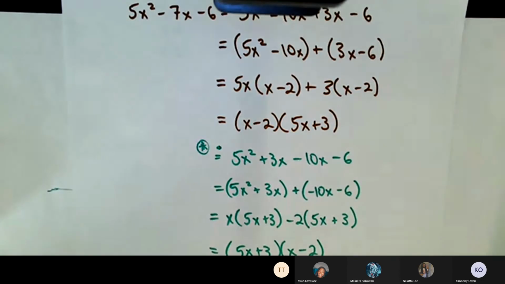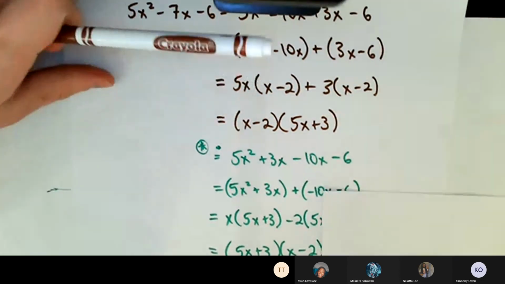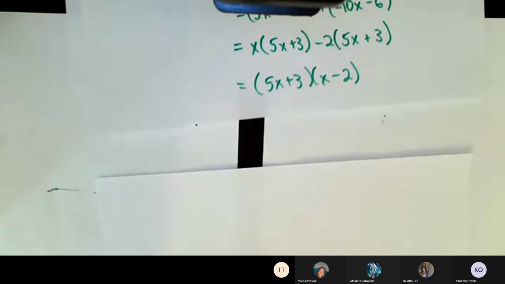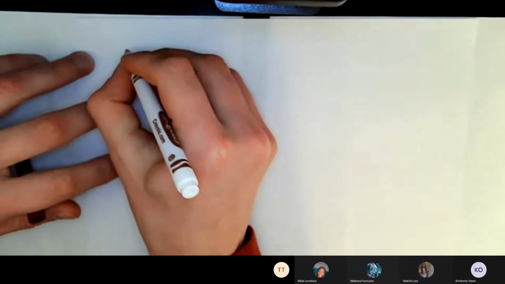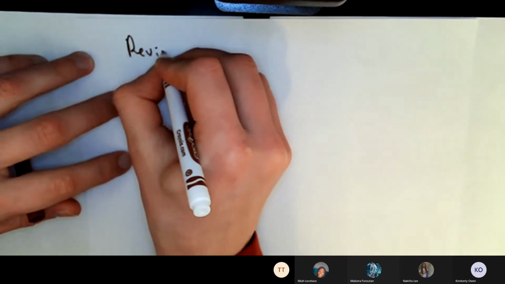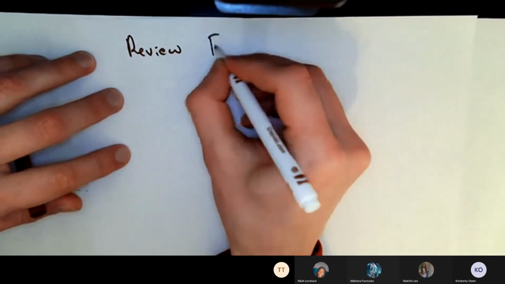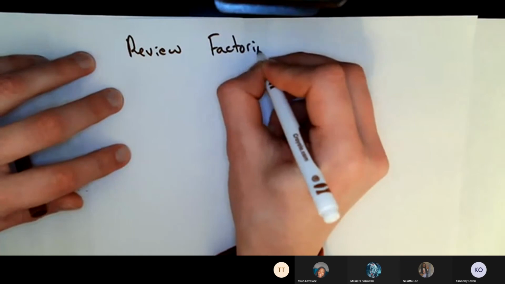All right. Since we still have some time, let me tell you some things I want you to try to look over. Review factoring differences of squares.